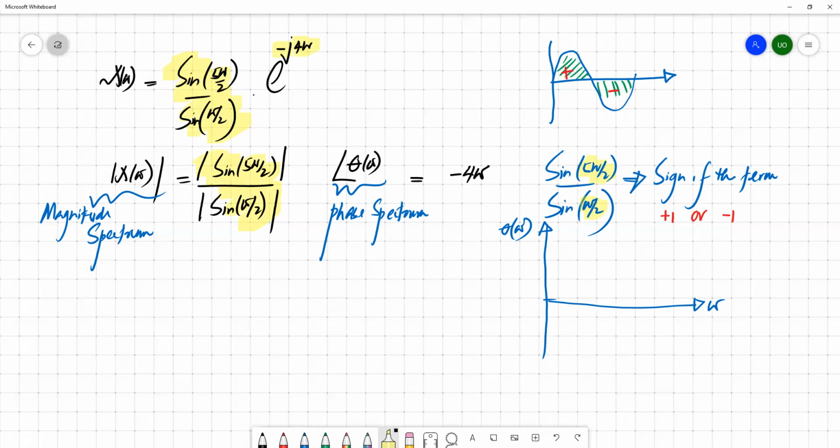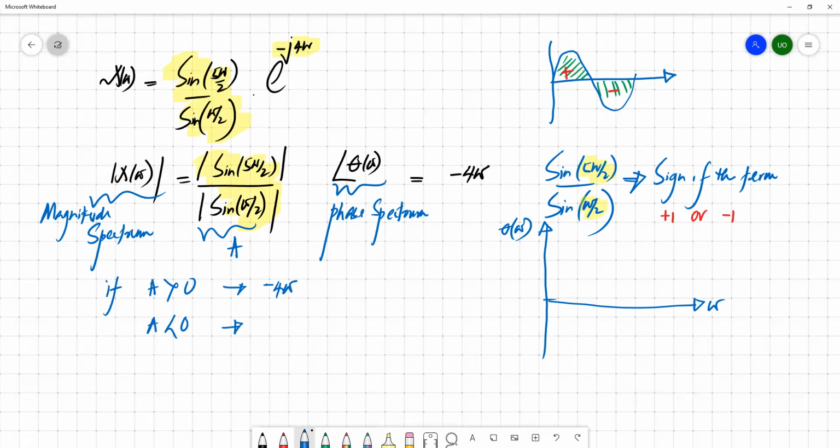For example, there may be two possibilities. I'll take this quantity as A. If A is greater than 0, then the phase is minus 4 omega. If A is less than 0, you have a minus sign in front of this.